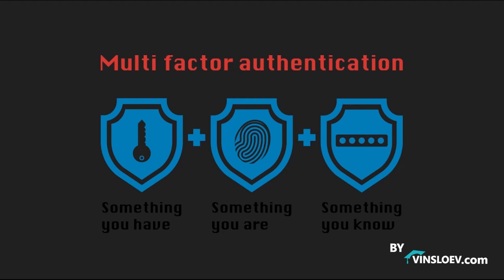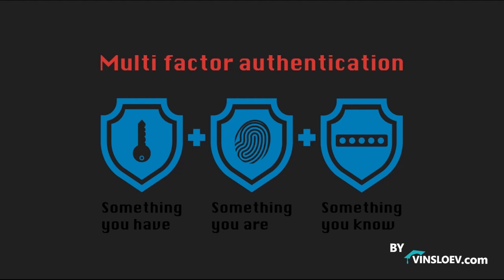So we have something that you have, something you are, and something you know. These are the three basic ways that you can authenticate to anything. This does not only apply to networking, but in general.